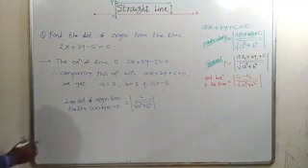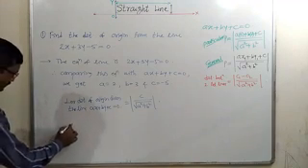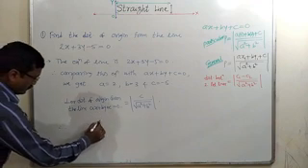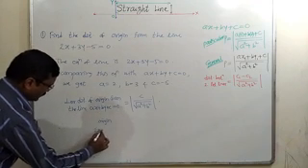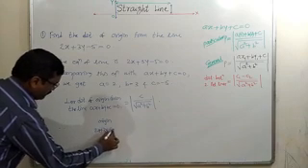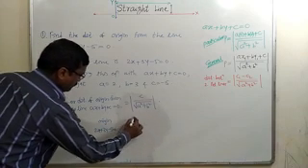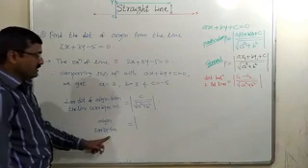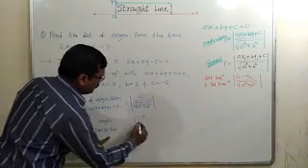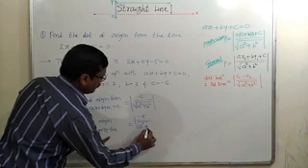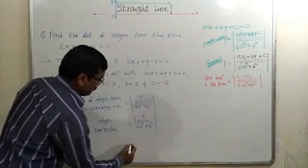Therefore, the perpendicular distance from origin to the line 2x plus 3y minus 5 equal to 0 will be mod of, here constant c is minus 5, upon root 2 square plus 3 square.